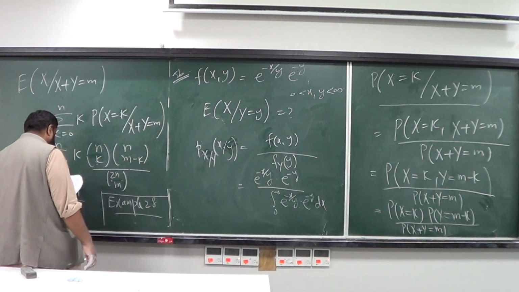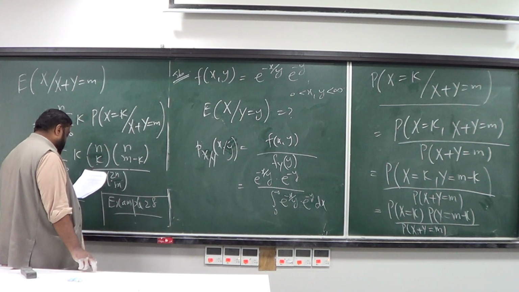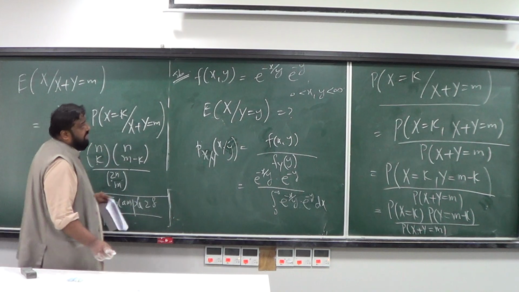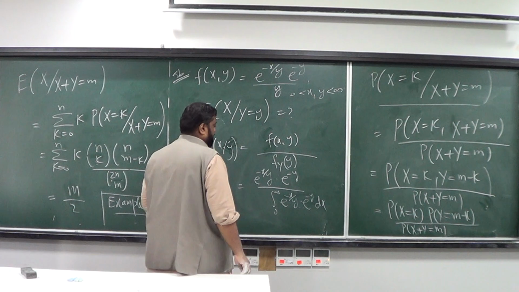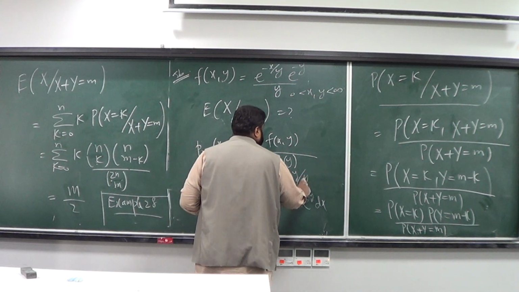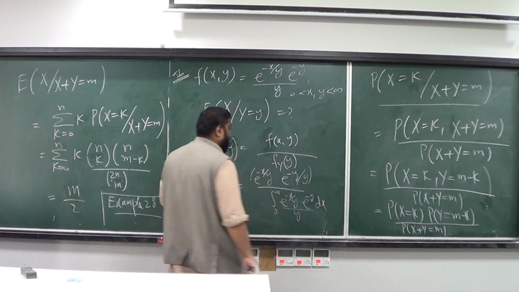So if you simplify this expression, there is also a y in the division. So you are going to have divided by y, and you are also going to have something that is divided by y.